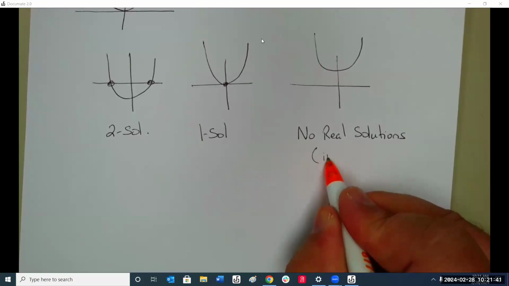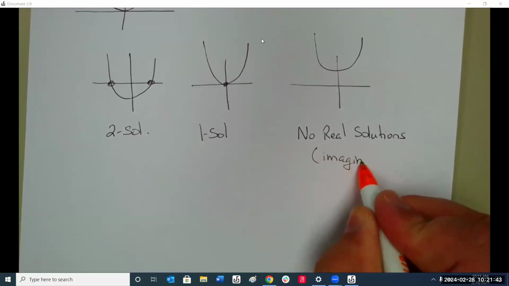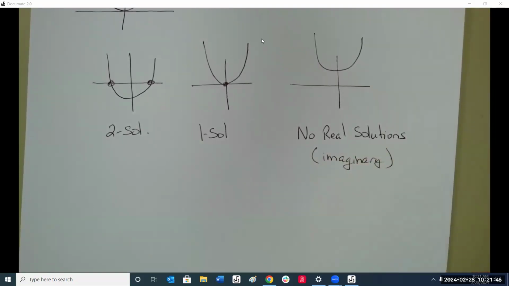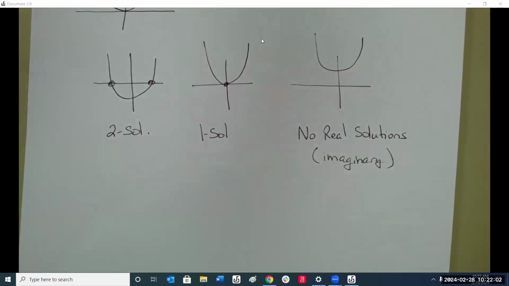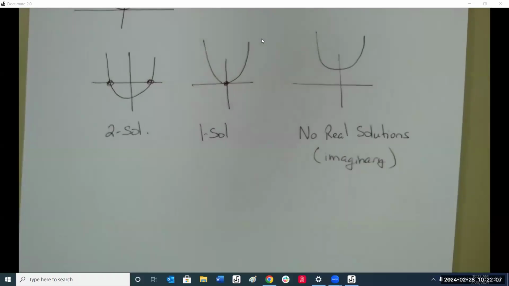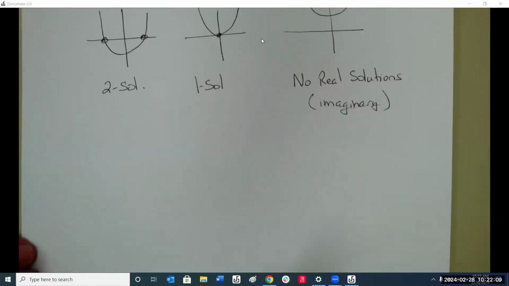Here, you're going to have imaginary solutions. So far, so good? And later on today, if we have time, I'll show you how you can determine how many solutions you'll have at the very end.